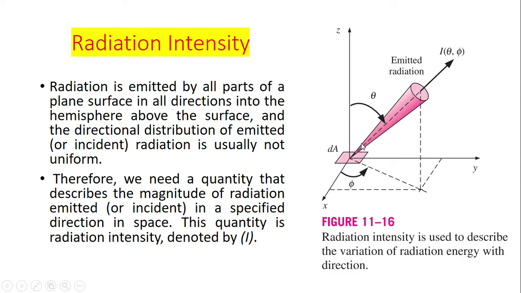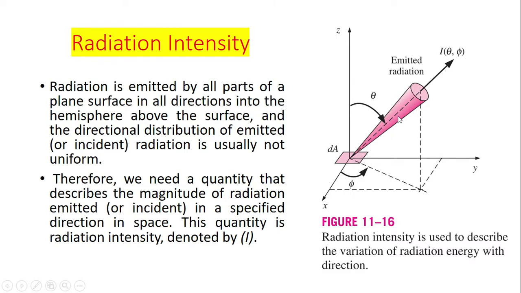And the second angle is called the azimuth angle, which is the angle between the x-axis and the dotted line or the shaded line which lies on the xy plane. So this is the xy plane, which is basically a horizontal plane or horizontal surface.